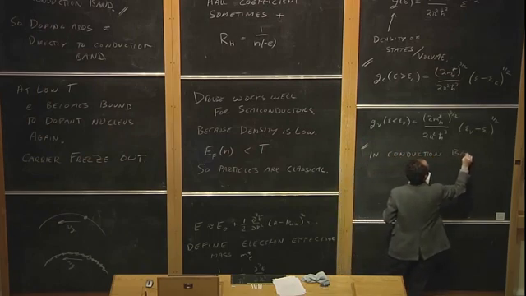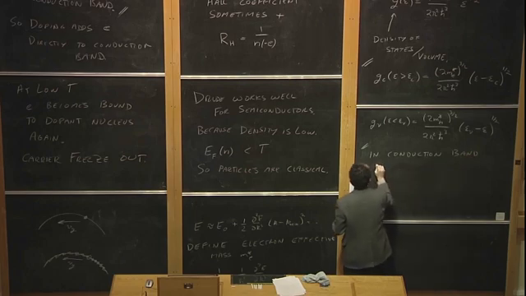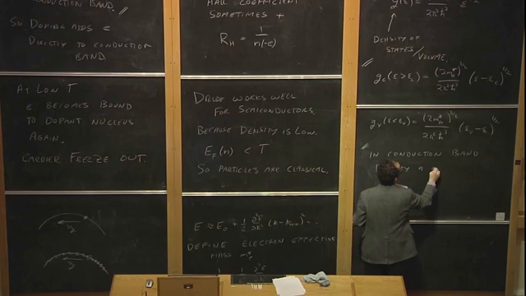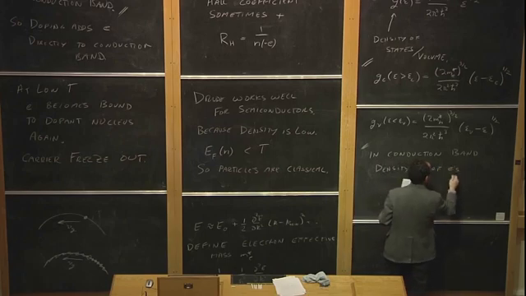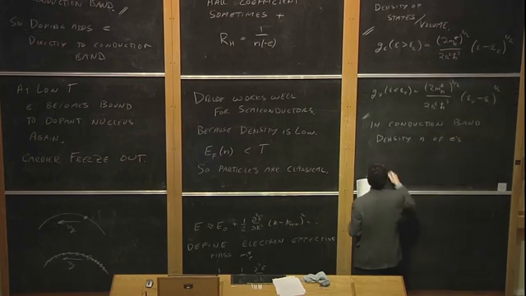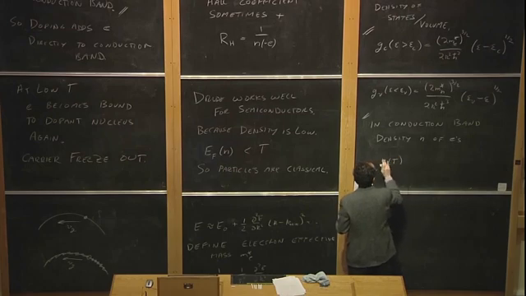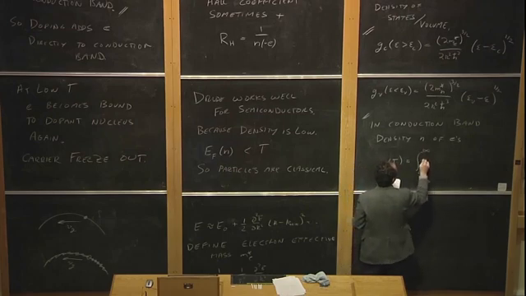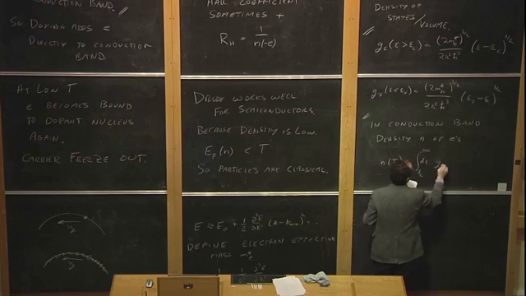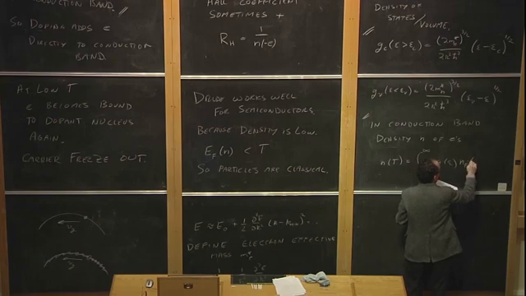So then we can write, in the conduction band, we just use our statistical mechanics. The density of electrons, n as a function of T, equals the integral from the bottom of the conduction band up to energy infinity, dE, density of states as a function of energy, times the Fermi factor, n_F of beta (E minus mu).